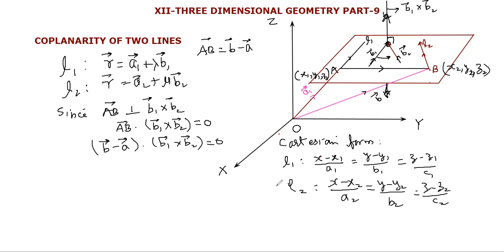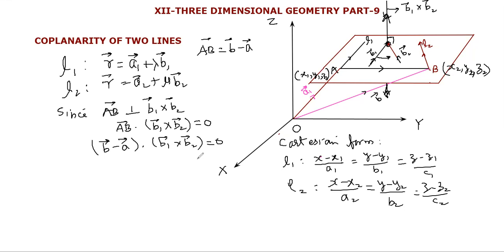In this case, you can derive it, but it is a long process to find B1 cross B2 and then their dot product.